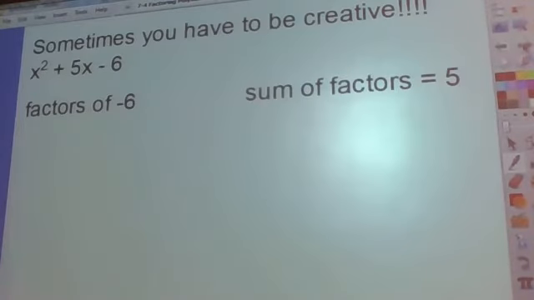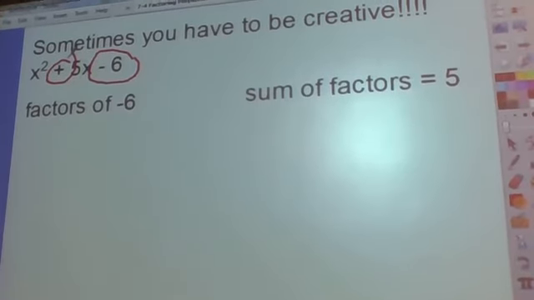Now, sometimes you're going to have to be creative, because sometimes the product of the two numbers is negative, but the sum is positive.